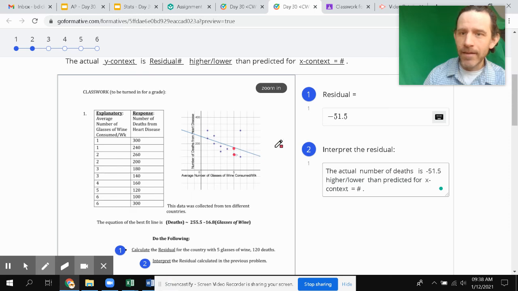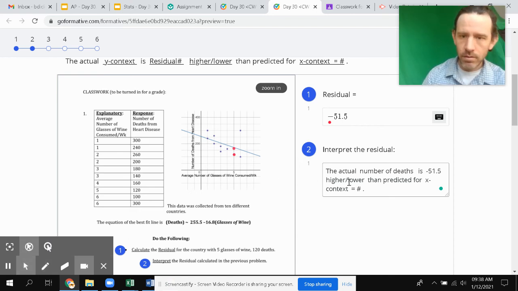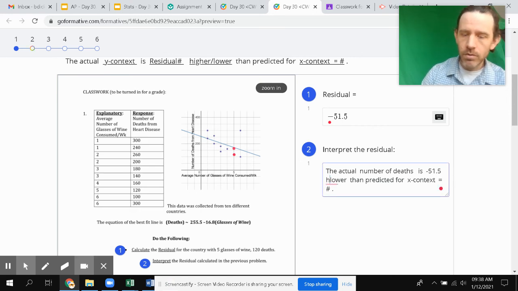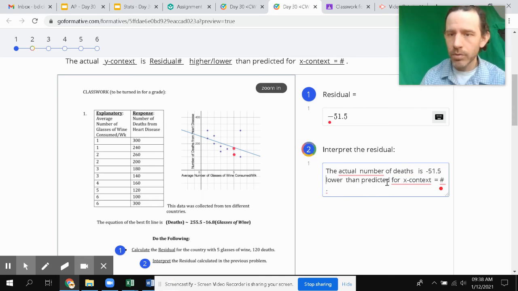It's lower. The residual is also negative, right? So I want to make sure that if it's negative, that means that the point was below the predicted line. So I'm going to take out this to only keep lower, because the residual is saying that the actual point is lower than the predicted.